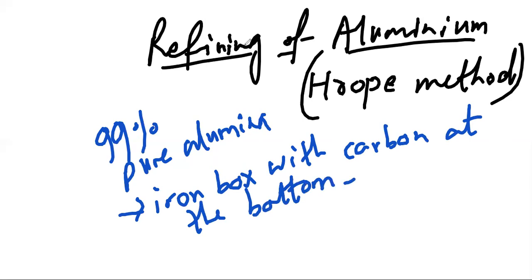How is the iron box arranged? The iron box has 3 layers of fused mass. I'm drawing this. This is the iron box. It has 3 layers: 1, 2, and this is 3. The lower layer consists of an alloy of impure aluminium with copper.